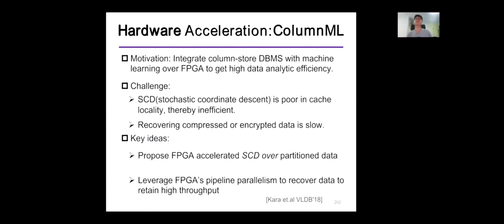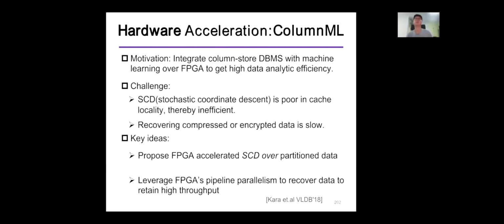And the second method is to integrate the column store DBMS with machine learning over FPGA to get high data analytic efficiency. The challenges are, in the column store DBMS, the SCD algorithm is always adopted, but it is poor in cache locality, thereby inefficient.